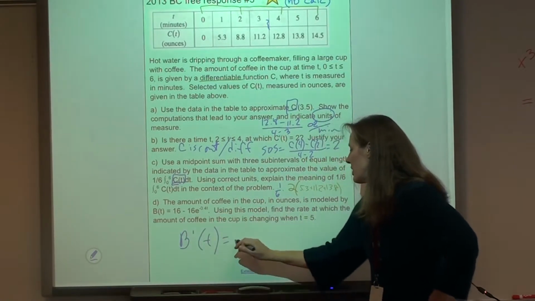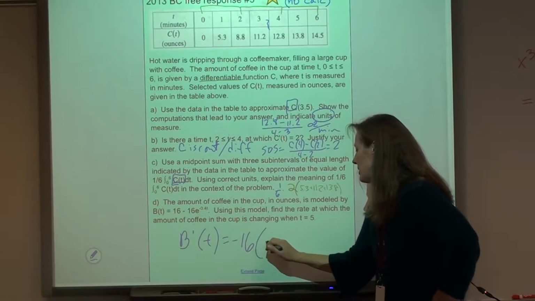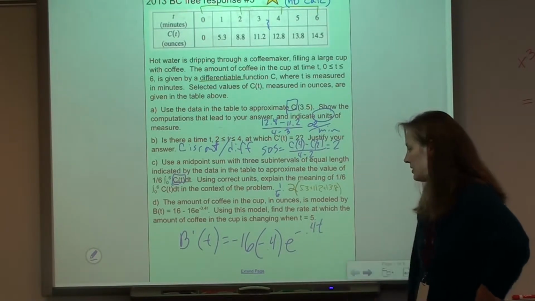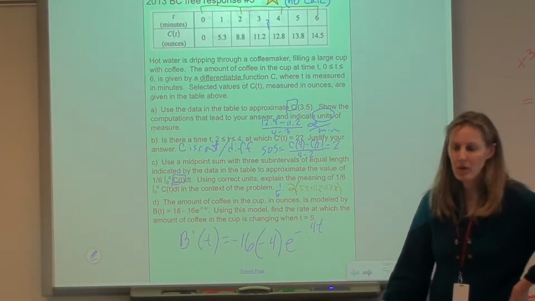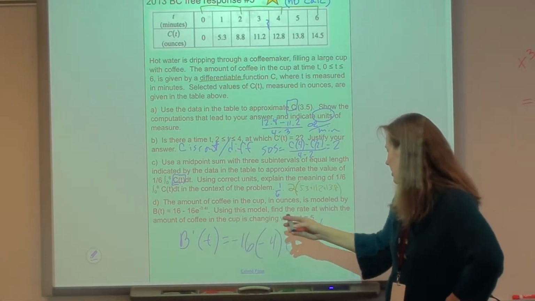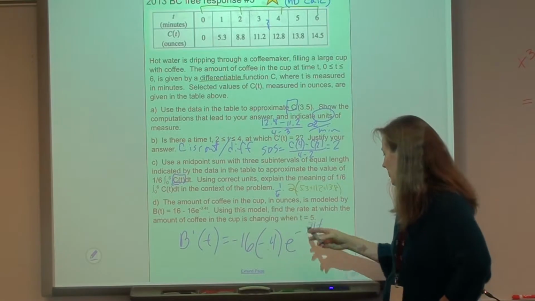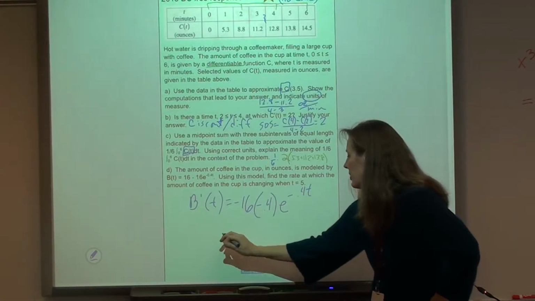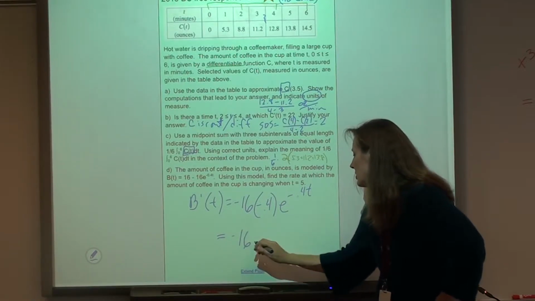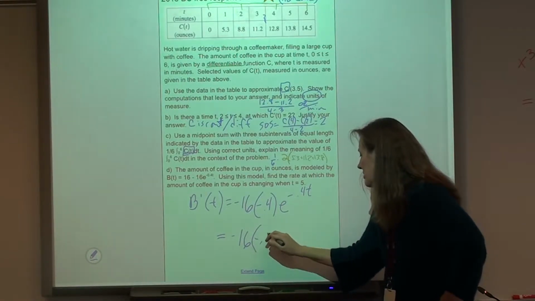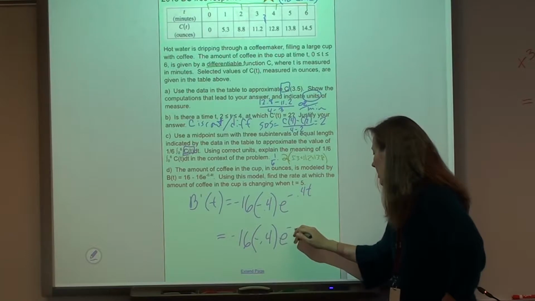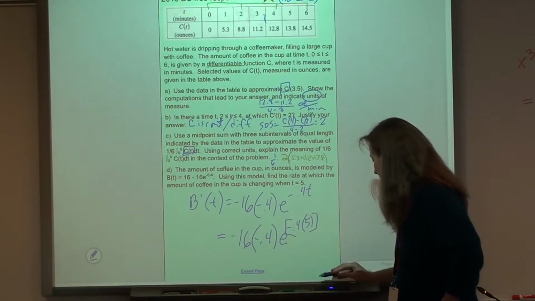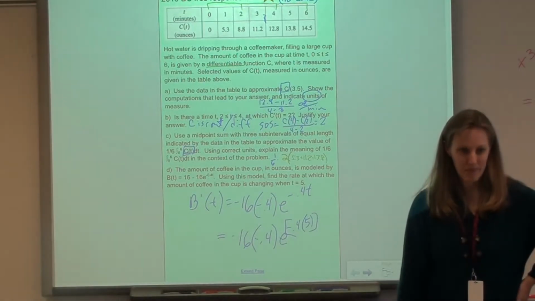That's gone, so you get negative 16 times negative 0.4 e to the negative 0.4t. Then when t is 5, you just put a 5 in for t. If we were being good students, you would write that and stop.